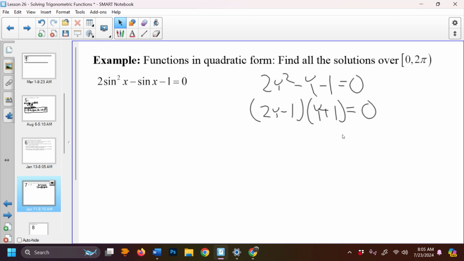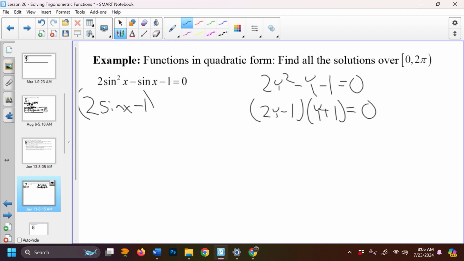I'm going to do the same principle with this expression, but instead of y's, I'm going to just use sine x. And so I will go 2 sine x minus 1, and then sine x plus 1 equals to 0. And then I will set each of those two expressions equal to 0.